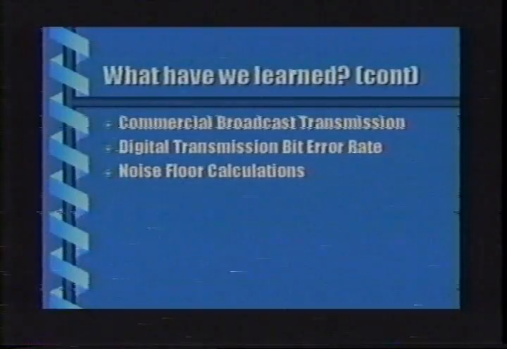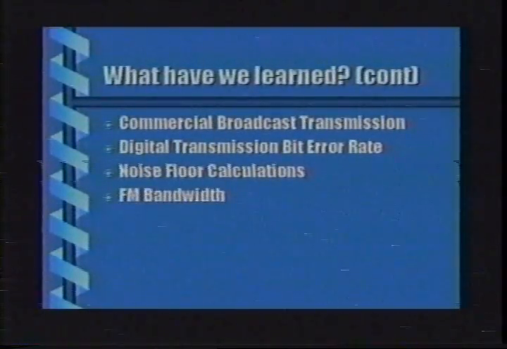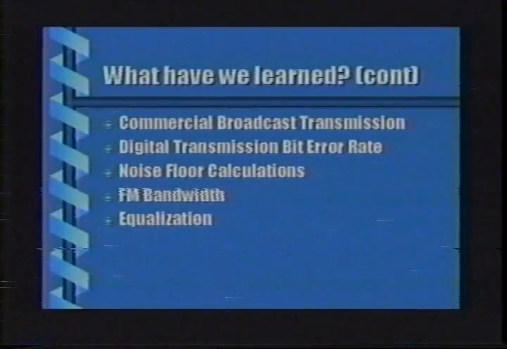We talked about calculating bit error rates in a digital transmission system. We did some noise floor calculations. We did a problem finding FM analog bandwidth. And we talked about equalizers several times during the course of this tape.